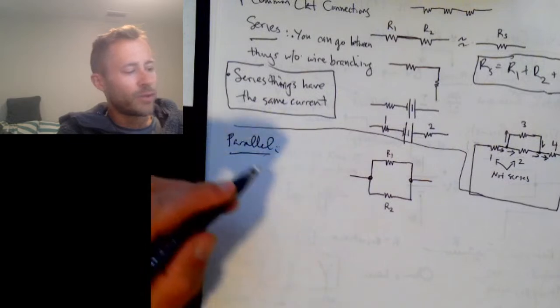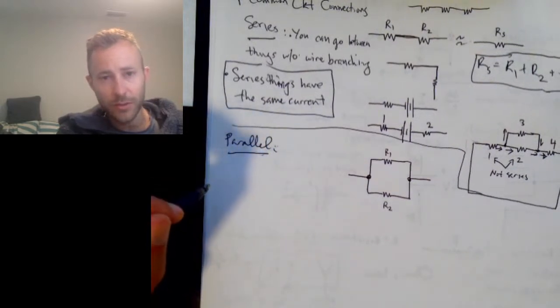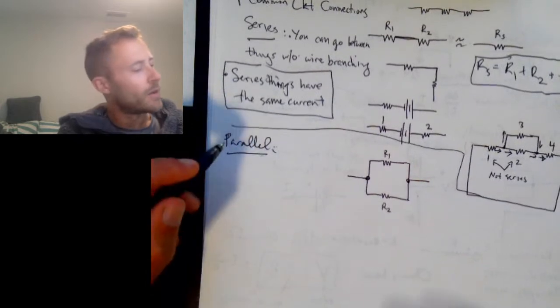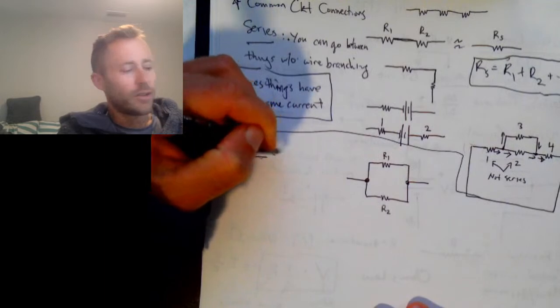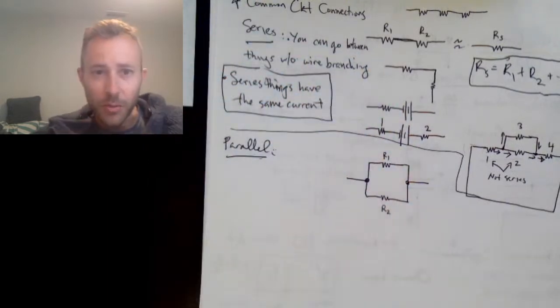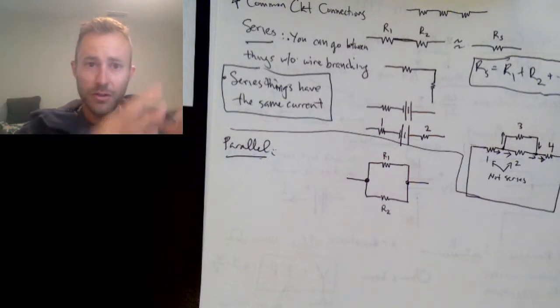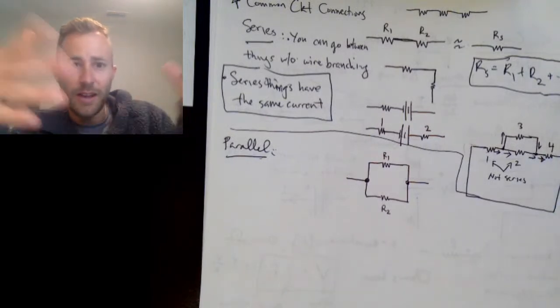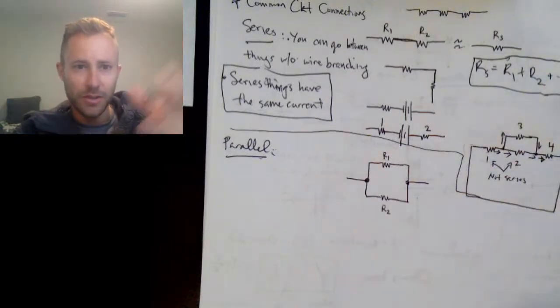One of the ways you can tell, and this is my favorite way to tell if two resistors are in parallel, is you think about the wires almost like a trail system, like the Claremont Wilderness Park. It has a whole system of trails back there that you can take. You can take different routes.